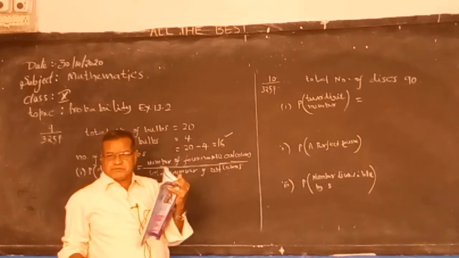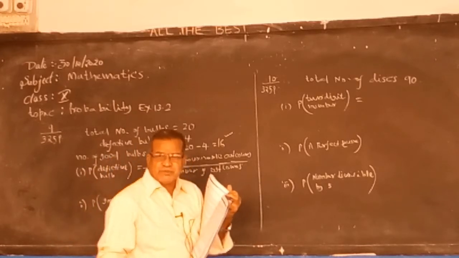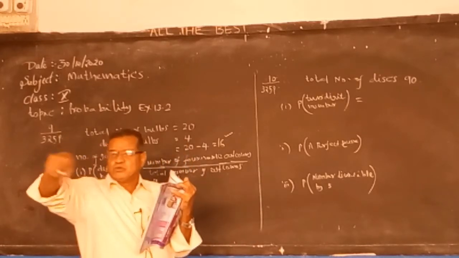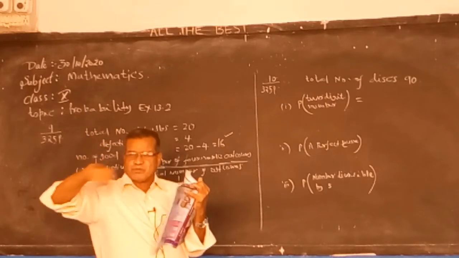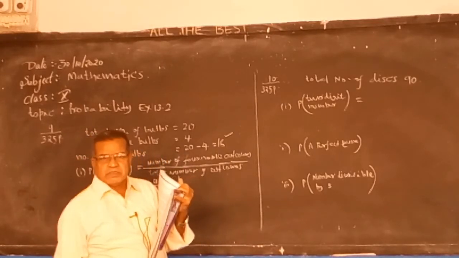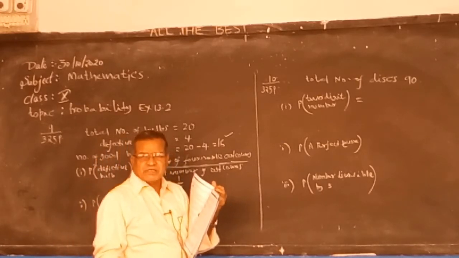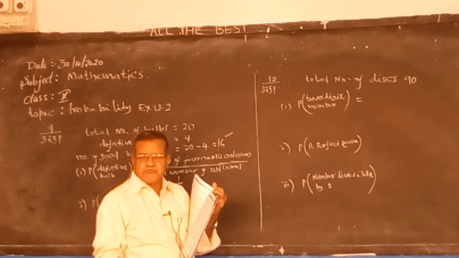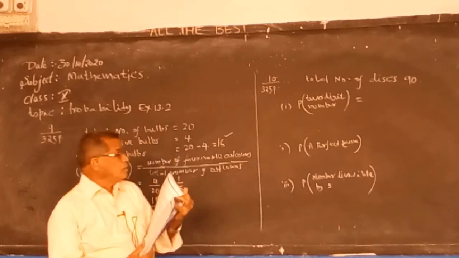This is the question. There are 90 discs. Discs means just round plates, CD plates, which are numbered from 1 to 90. Total number of discs is 90.